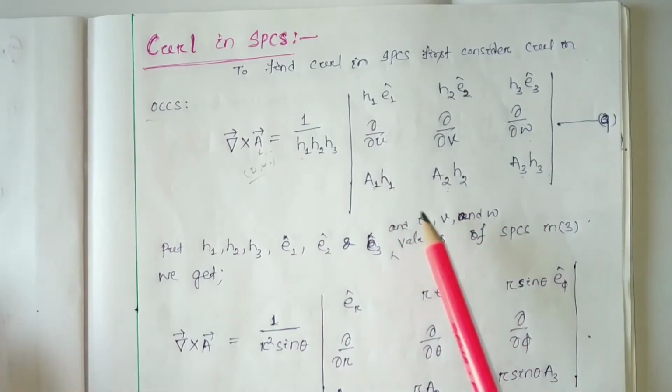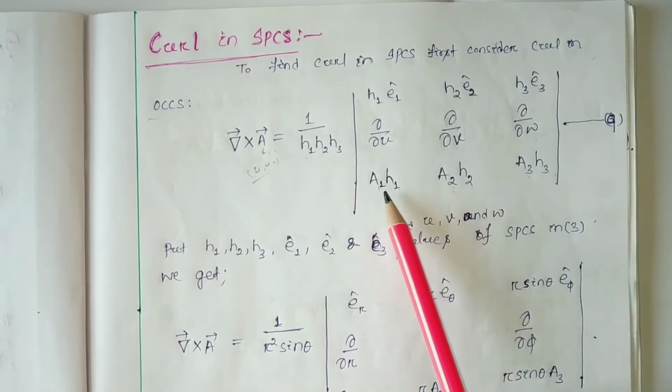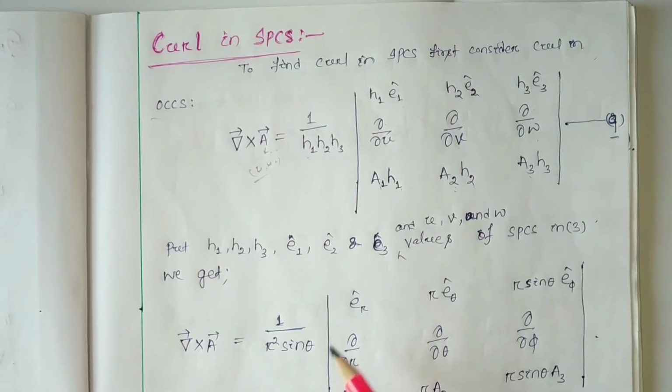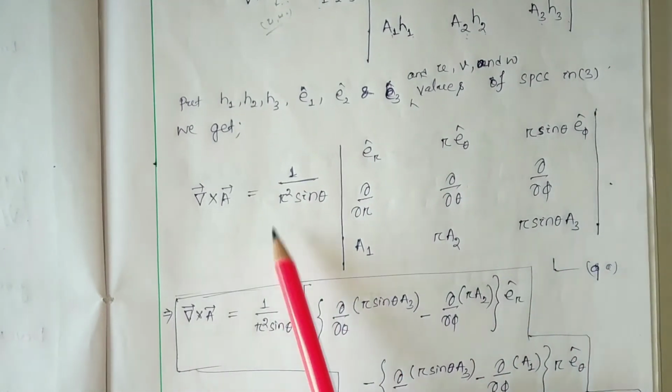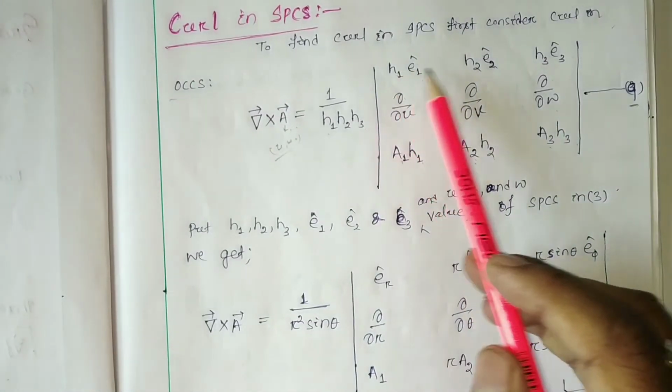Now we have to substitute the values of h1 h2 h3, e1 cap e2 cap e3 cap and u v w in this equation number 9. We already found these values, so here we have to substitute only h1 h2 h3.